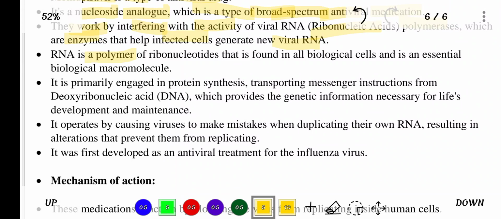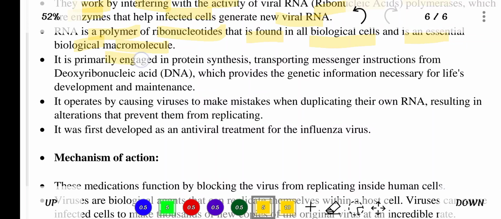of ribonucleotides that is found in all biological cells and is an essential biological macromolecule. It is primarily engaged in protein synthesis, transporting messenger instructions from deoxyribonucleic acid, DNA, which provides the genetic information necessary for life's development and maintenance.